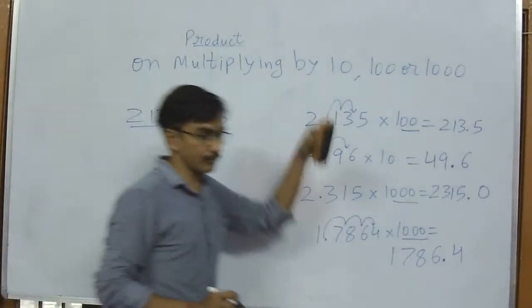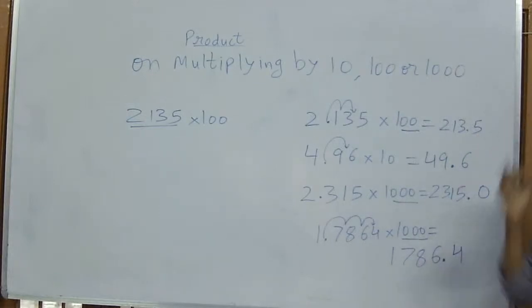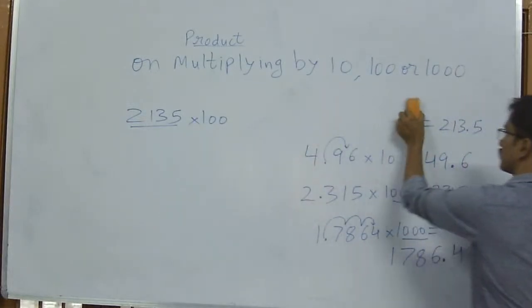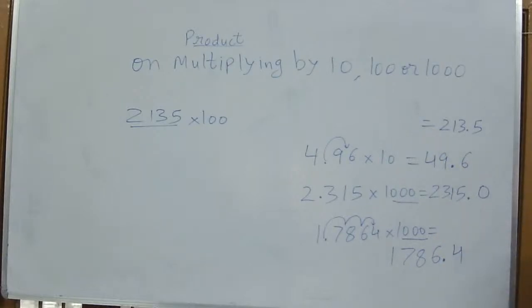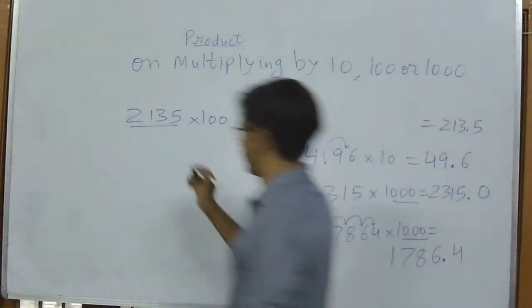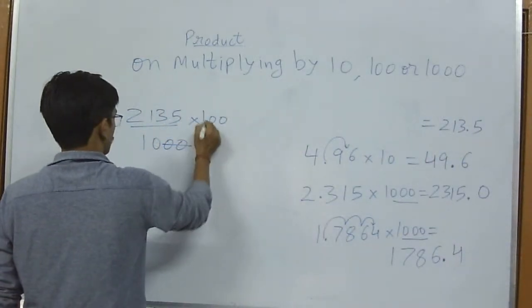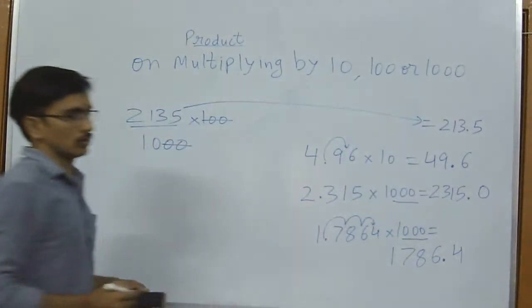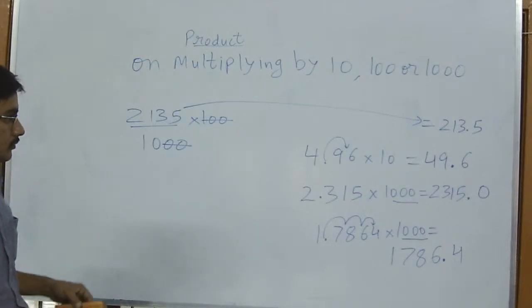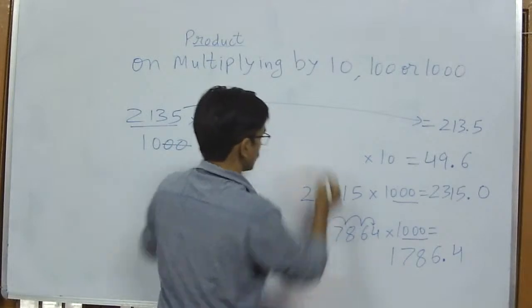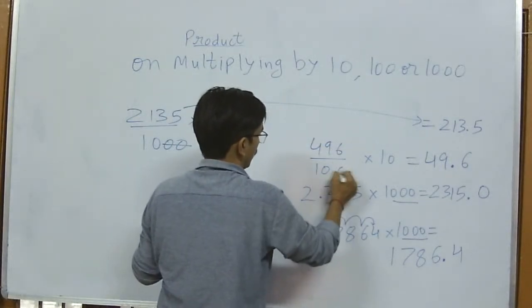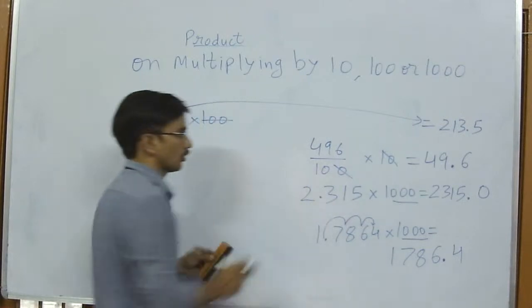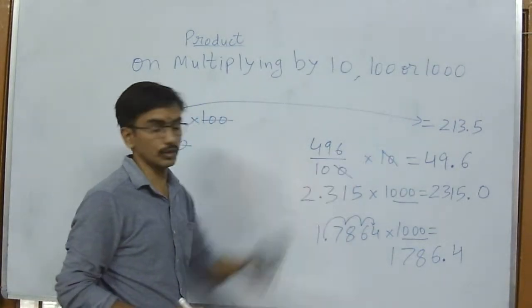What is the fraction form? 2135 by 1000. 10 cut, answer becomes 213.5. 4.96 is 496 by 100, 10 cut, 496 by 10 is 49.6.